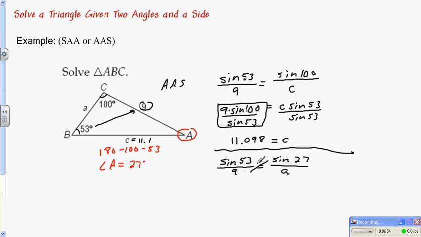Cross multiply that, and A should be approximately 5.116. And that is solved using the law of sines without it being a right triangle. Pretty powerful stuff.